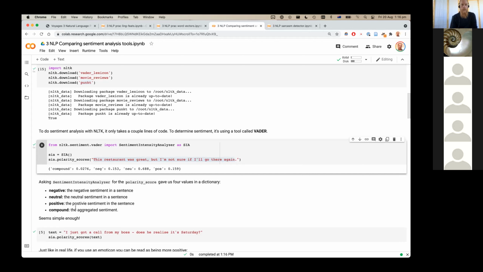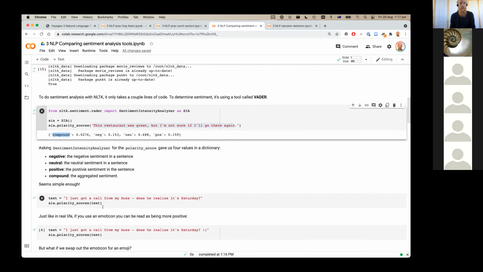Below the code cell, we have some description about what the data here is telling us: the negative sentiment, the neutrality, positivity, and then the aggregated value. The compound is our sort of sum.